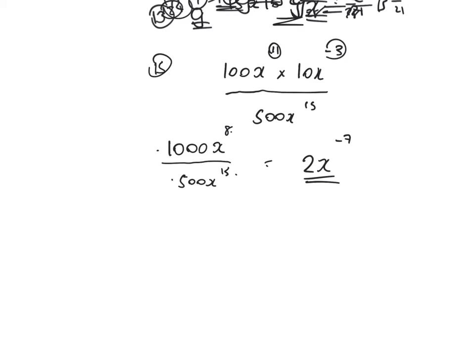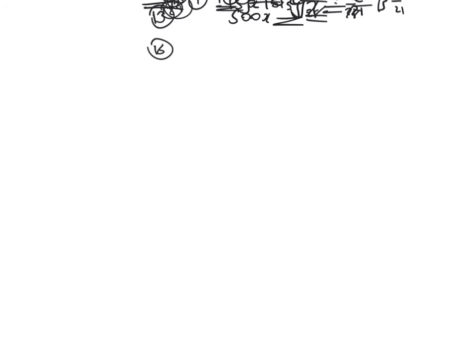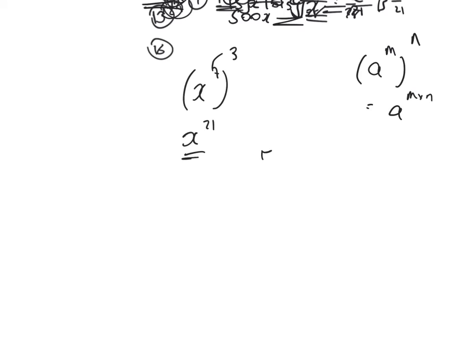Example 16. We're now going to concentrate on rule 3, which is a to the power m brought to the power n. You multiply the powers together. Okay, so x to the 7 brought to the power 3, multiply them together, x to the 21. Example 17, x to the 5 brought to the power 3, x to the 15.